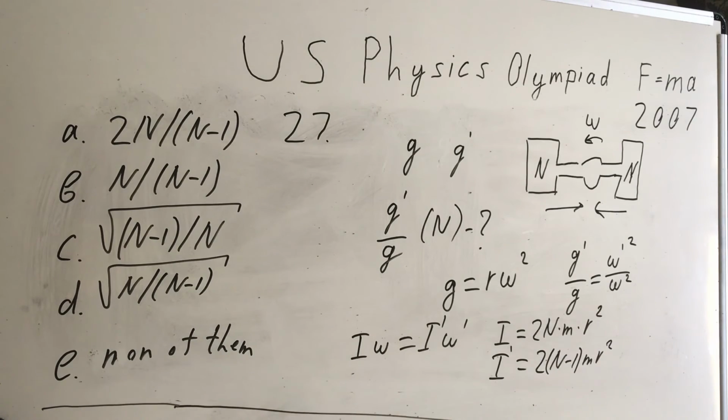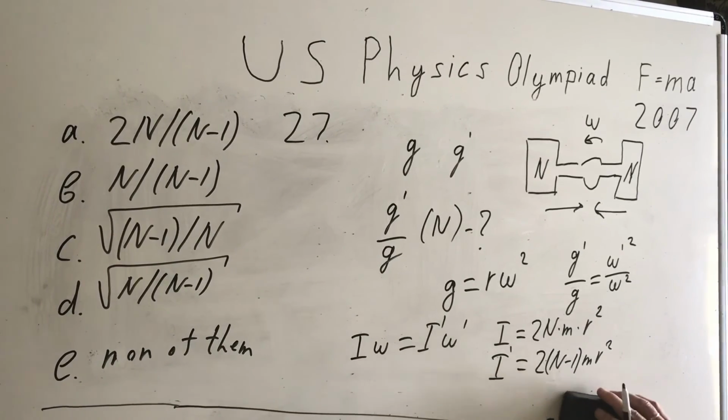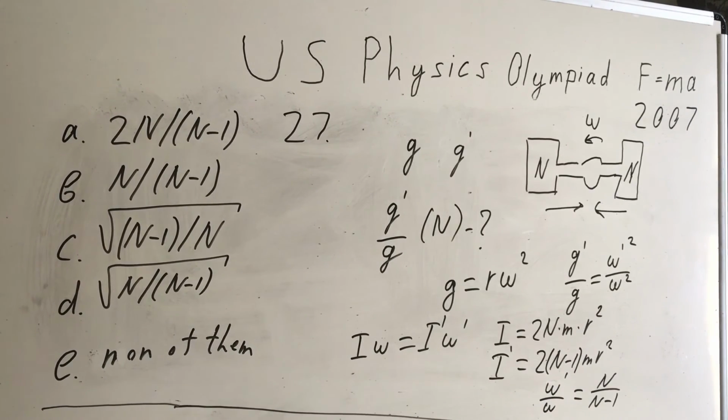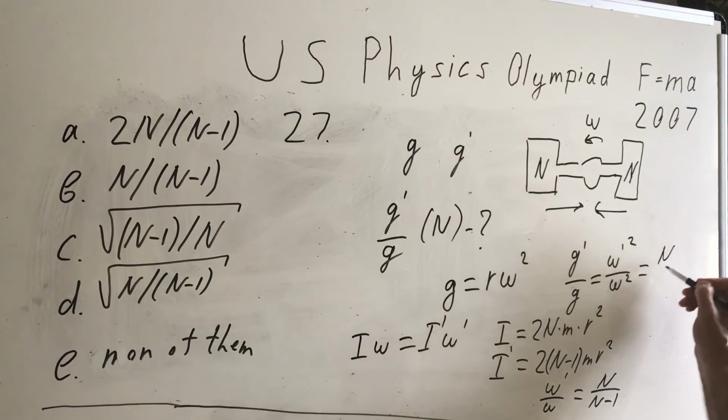So using this equation, we can write down that omega prime over omega equals n over n minus 1. And finally, using this equation, we can find that it's equal to n over n minus 1, squared.